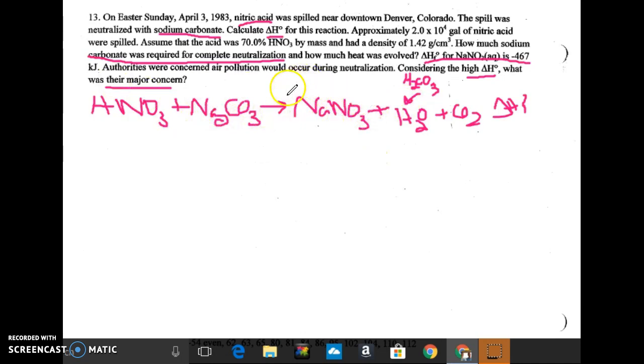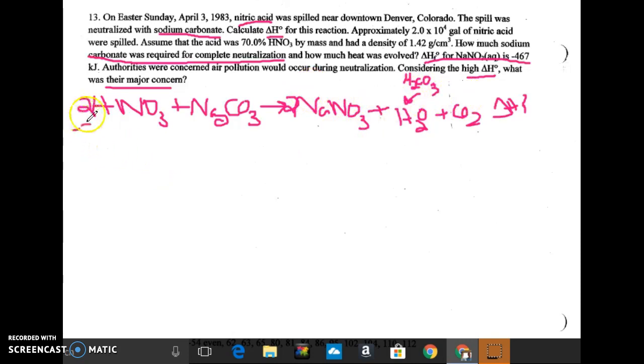So we have 2 Na, so that gives us 2 nitrates, so then we need 2 HNO3s. We have 1 carbon with 1 carbon. We have 6 oxygens here, plus 3 here for a total of 9: 6, 7, 8, 9. So that's balanced as it's written.